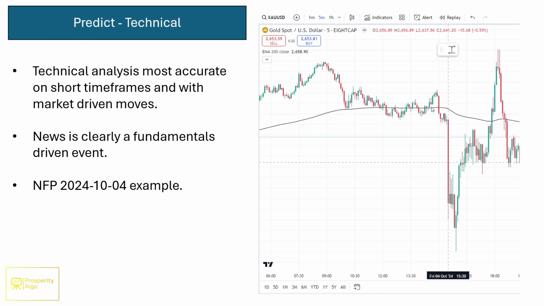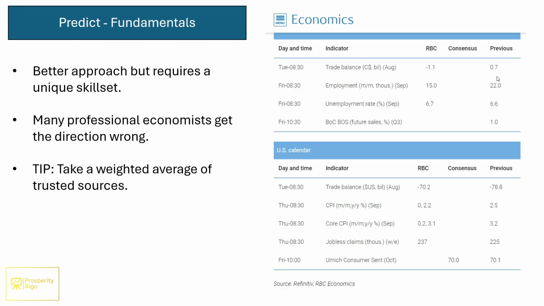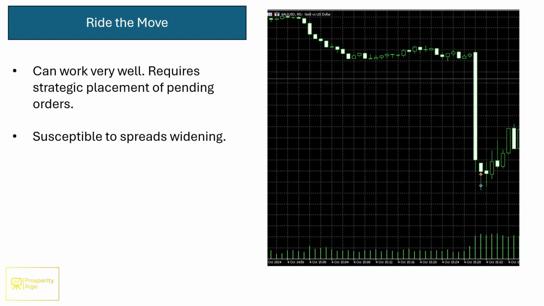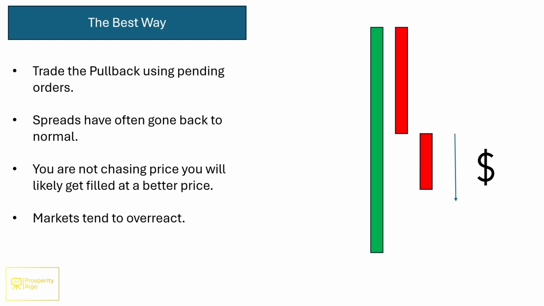You can see the initial direction was downwards, but then it very rapidly shot to the upside. So the initial reaction of the market might not be the true move. And this is why we like to trade the pullback, and we do this using our Seeker system. Let me quickly go over to MetaTrader to show you how this is done in practice.